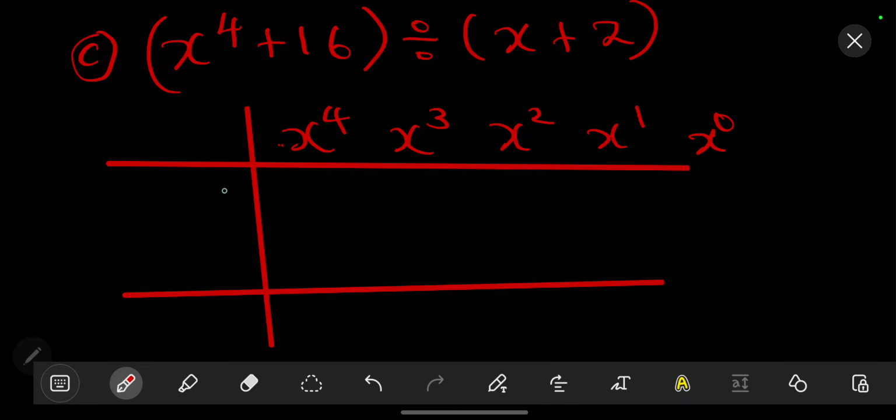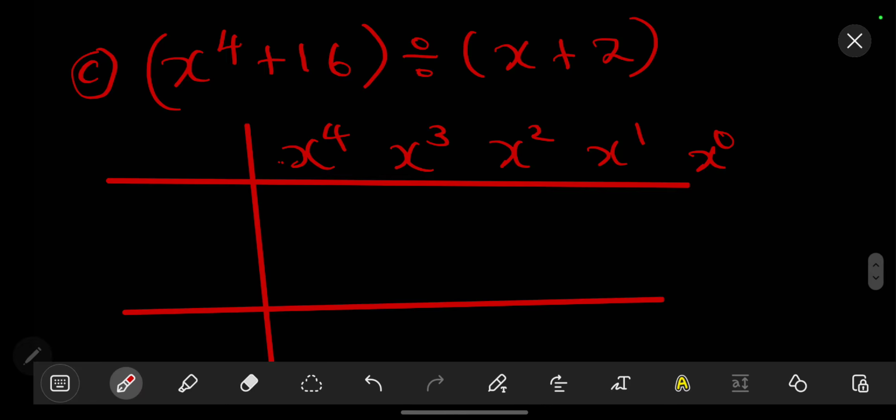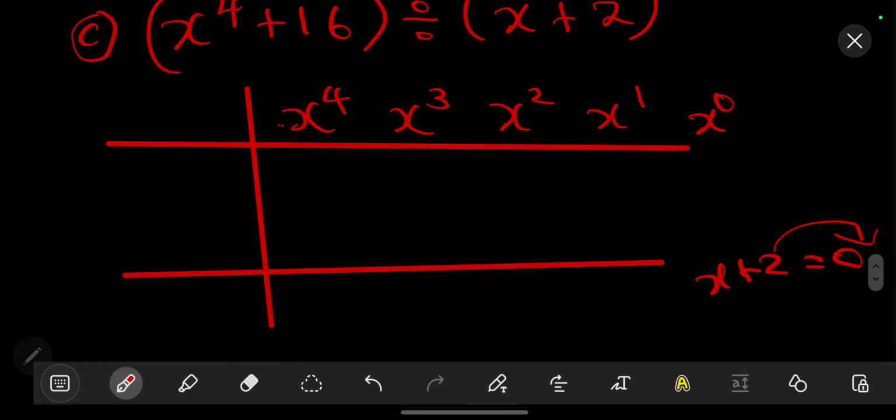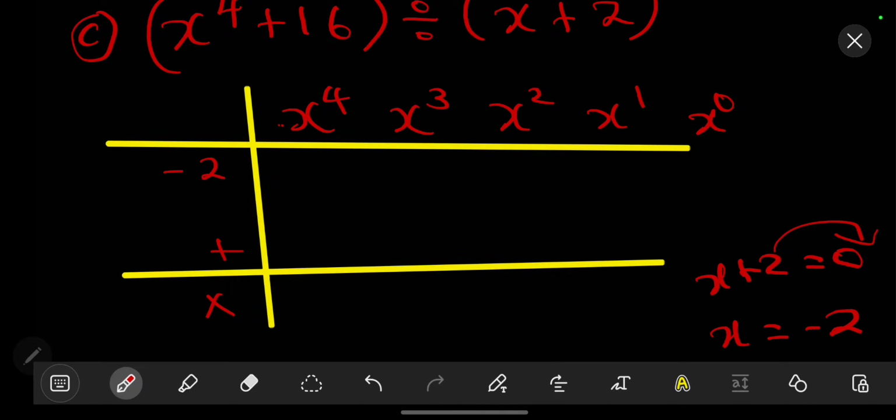So our divisor is x plus 2. So we are going to say x plus 2 should be equal to 0. So we take the 2 this side. We are going to have x is equal to negative 2 there. So we are going to put our negative 2 here. Here it's multiply, then here it is to add.